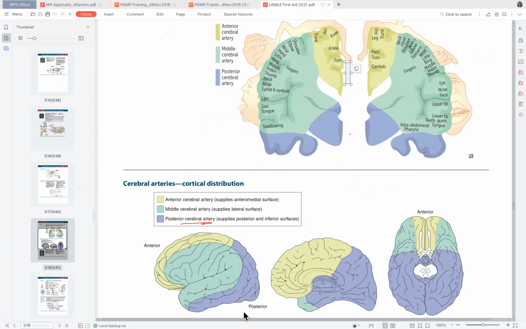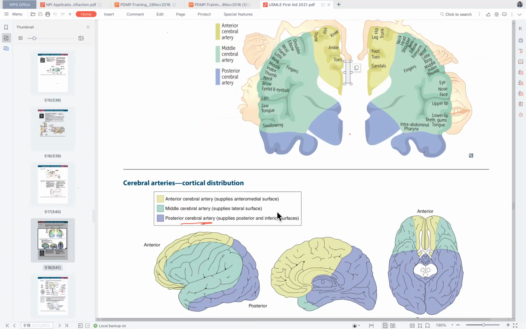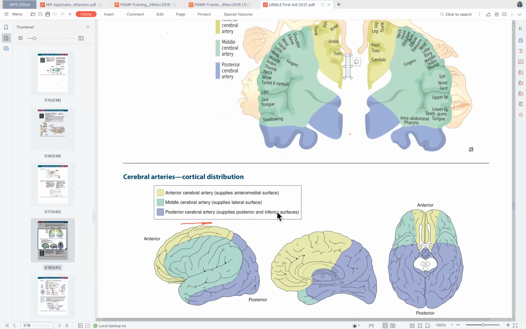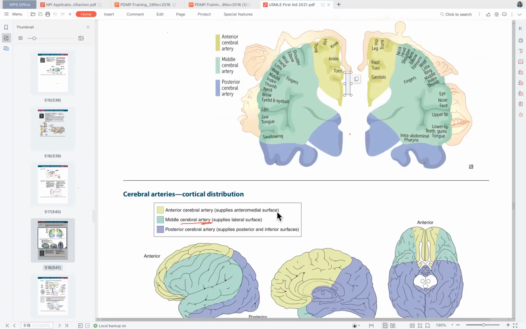So how do you identify the sulcus here? The central sulcus? The sulcus between the purple or the green and the blue and the green?